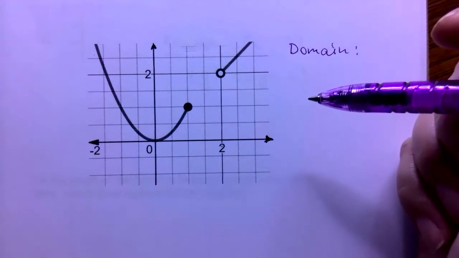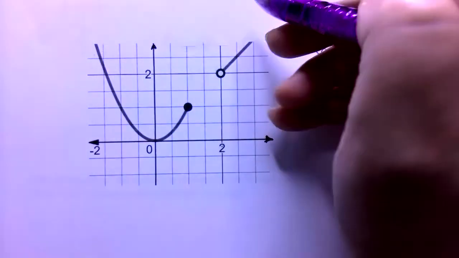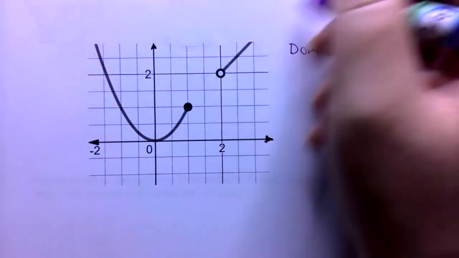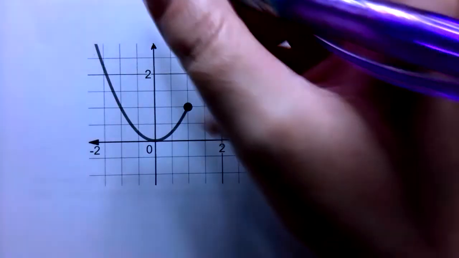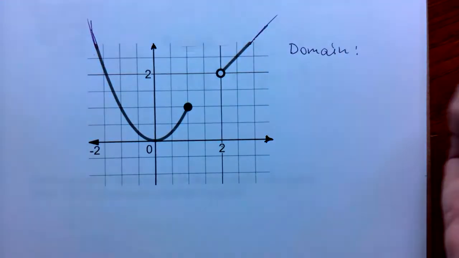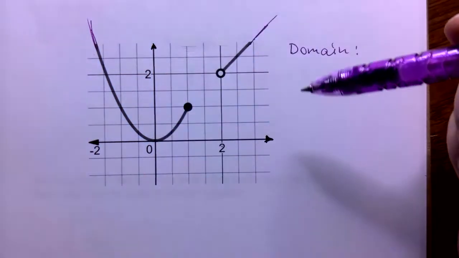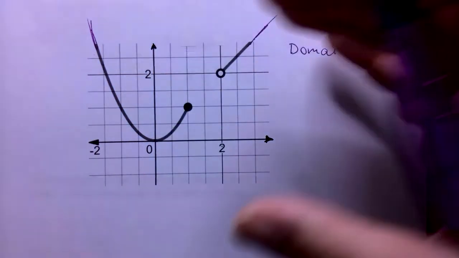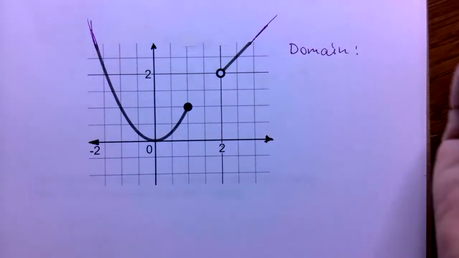Sometimes it's shown by putting arrows there, saying it goes on and on into this direction and into that direction. But sometimes they don't show that. They just show you a piece of a function, just this window, and they don't put the arrows to indicate that it goes on and on.